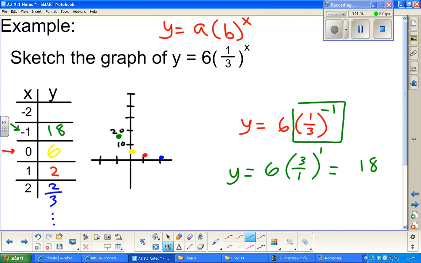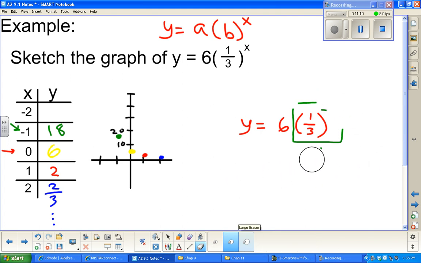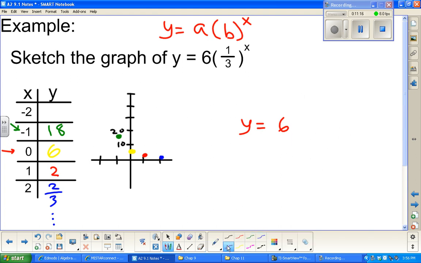Let's just finish the last one. If the exponent were -2, let's rewrite this here. 6 times 1/3 to the -2nd power.